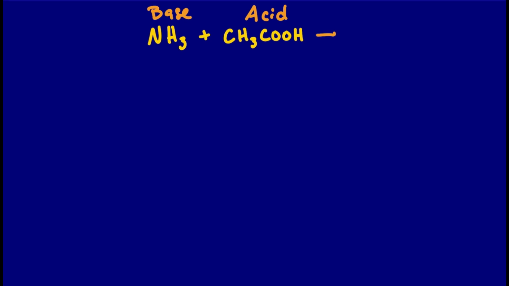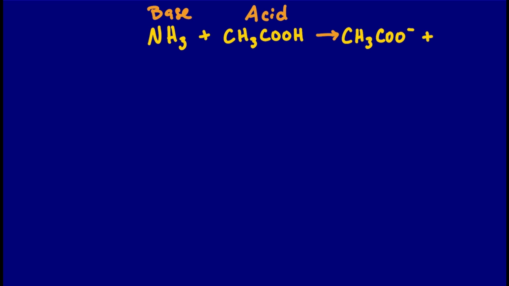And so let's think, what products are we going to get from this? Take a guess. Remember that definition of proton donor and proton acceptor, and see what you can come up with. Once that acetic acid gives away its proton, we're just going to be left with an ion, with a charge.